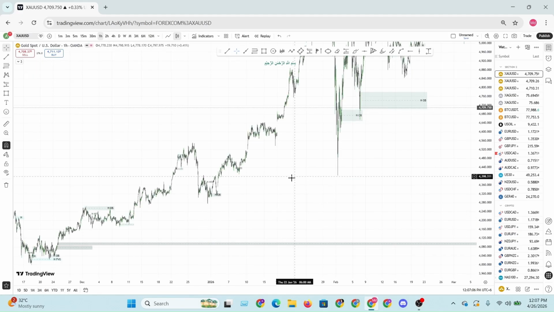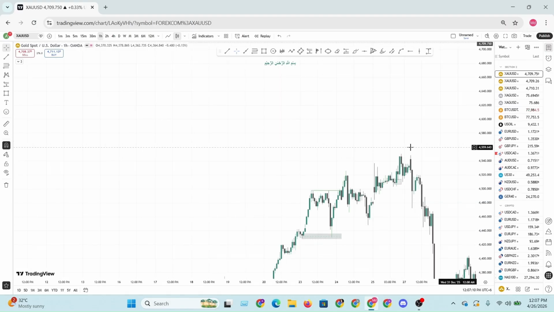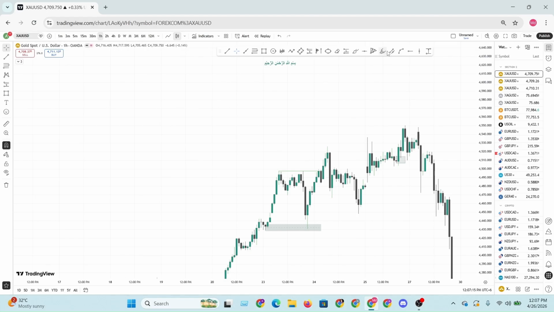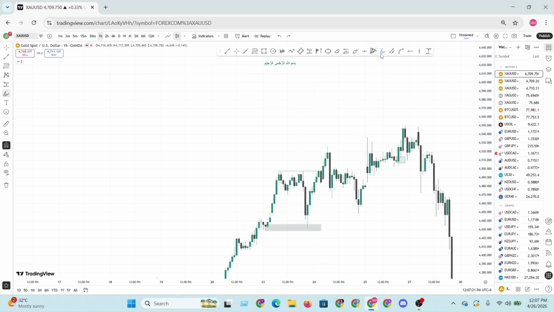Nothing on the left side. So the market will retrace. Not always going upside, upside, upside. Not like this. It took a pullback. It needs to pull back, and so the market needs fuel to move.